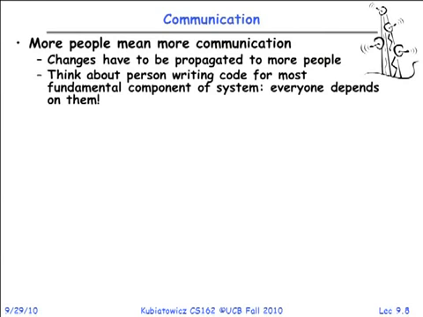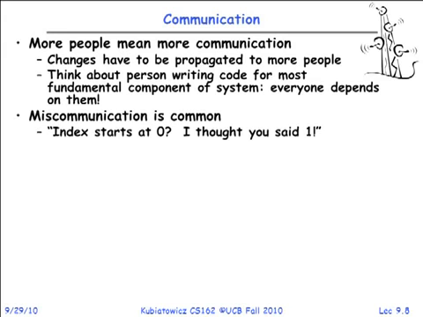And changes have to get propagated to more people. So if you have one person who's a rogue hacker and decides to change all the APIs late at night, they need to make sure everybody knows, or disaster is about to happen. Miscommunication's common, right? Oh, index started at 0? I thought you said 1. Okay, 0. Got a bunch of C hackers in here.